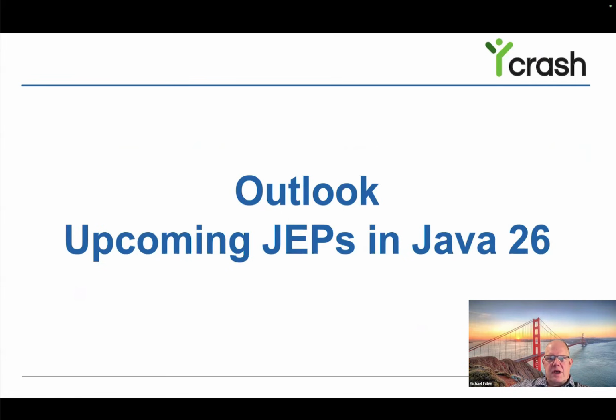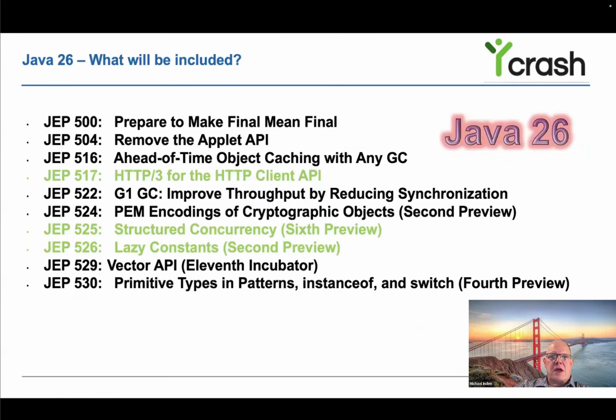Let's briefly look at what is coming in Java 26, which will be released mid of March. You see 10 JEPs are finalized. Perhaps the most important are you get support for HTTP 3, which is the most current HTTP version.